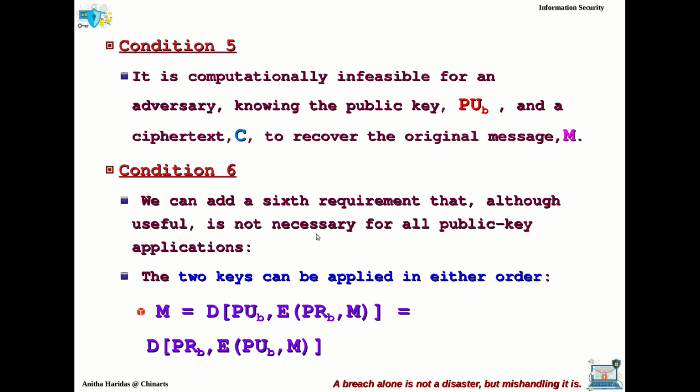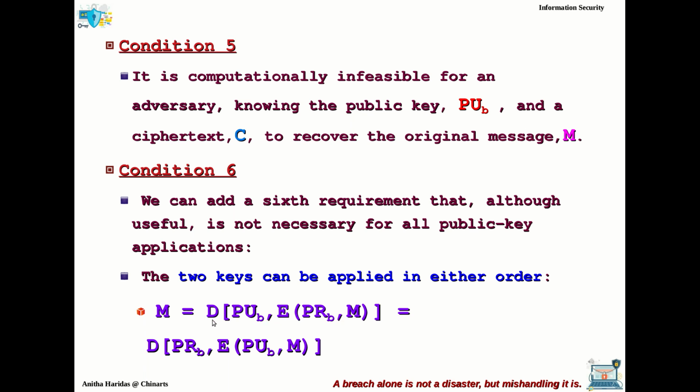The two keys can be applied in either order, right? So we can add the sixth requirement, although it is useful, is not necessary for all the public key applications. So if you want to have two keys to be applied, it can be applied in either order.